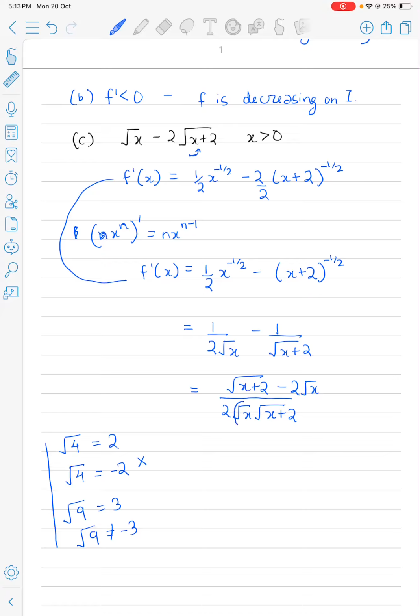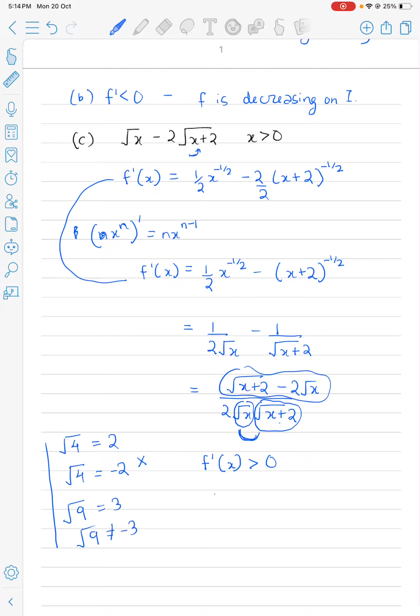So here also, if someone asks root x, then these are all greater than or equal to 0. Okay, so it is never negative. So these two are positive. I want to see where it is increasing. So I want to check where f'(x) is greater than 0. Since these two are positive, I just need to check the sign of this one.